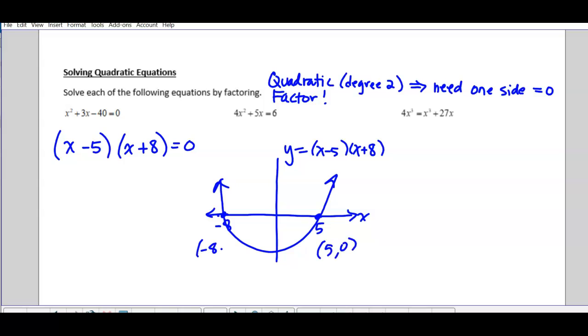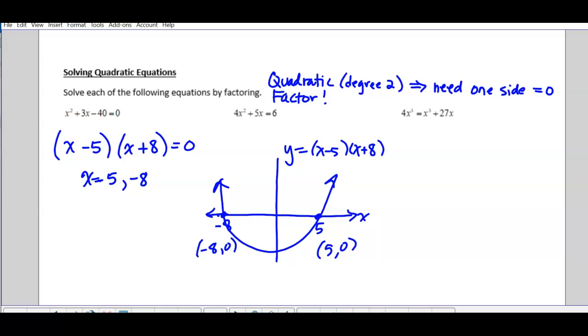This is negative 8, 0. The y value on the x-axis is 0. So if I put 0 in here, I'm finding the value of 5 and the value of negative 8. If I put 0 in here, it looks exactly like this. So really, that's what we're looking for, right? When this left side equals 0, that occurs when x equals 5 or negative 8.